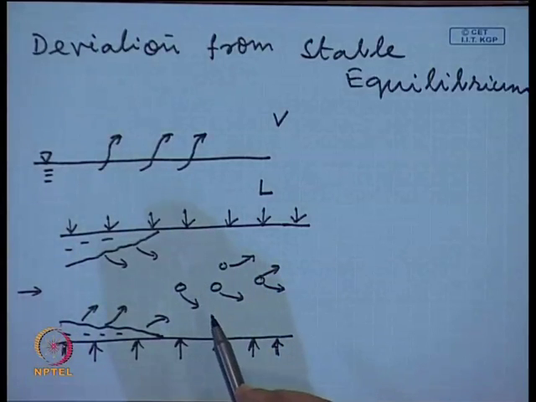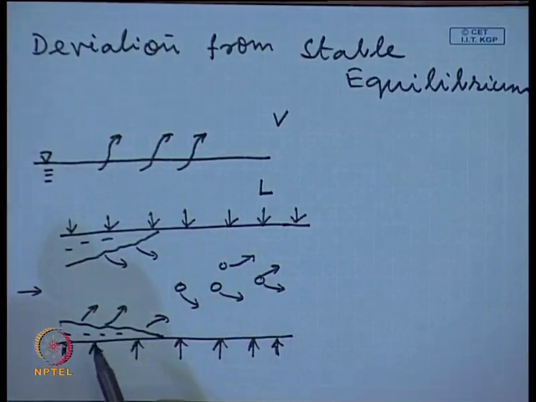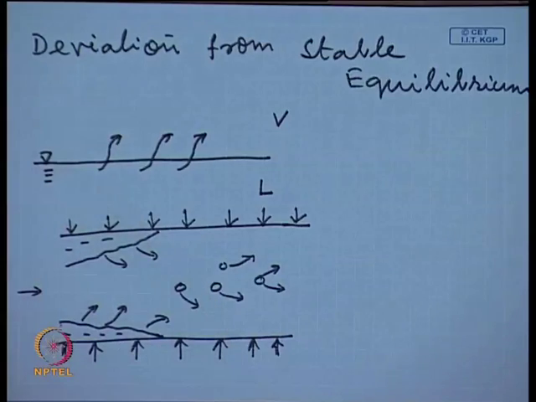Now, in both these cases the condition for vaporization is that the surface temperature of the liquid should be only marginally higher compared to the saturation temperature corresponding to the pressure. At that condition only we will have the vaporization. And here the vaporization process is basically called evaporation.